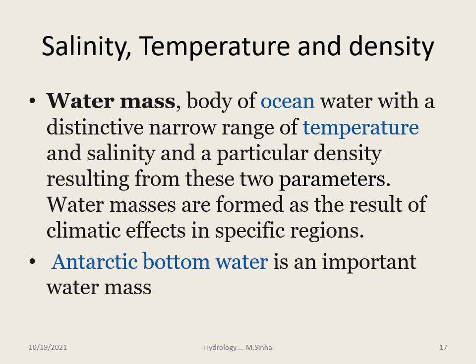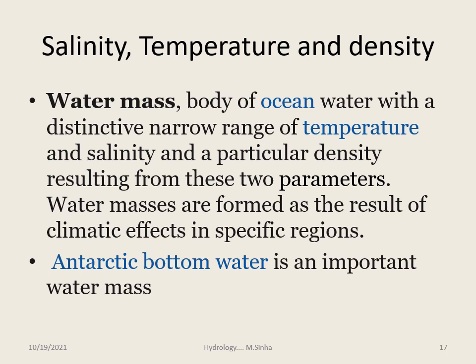A water mass is a body of ocean water with a distinctive narrow range of temperature and a particular salinity and a particular density, resulting from the two parameters, salinity and temperature. A water mass is formed as a result of the climatic factors of the specific region too.